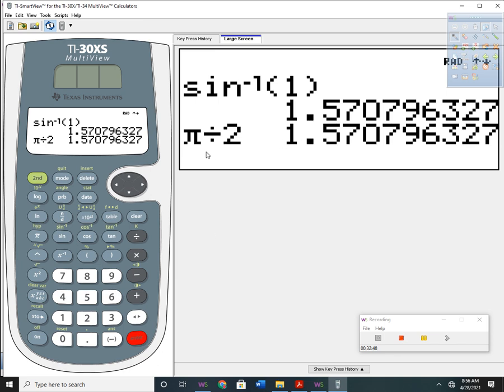That's what we got as an answer, right? Now, it doesn't give you it as pi over 2, it gives it to you as a decimal. It also doesn't give you that it keeps going. It's just going to give you that one answer. It will always choose one answer to give you. So I can check that.